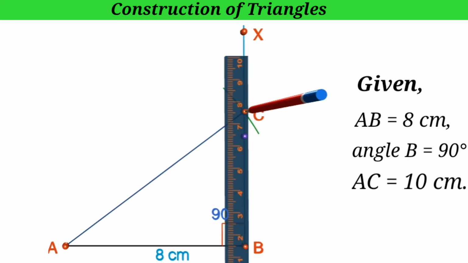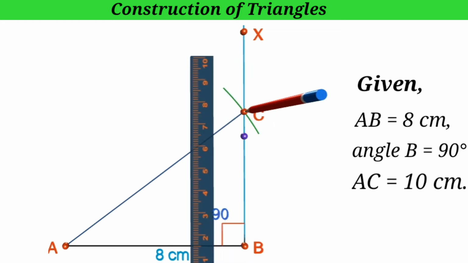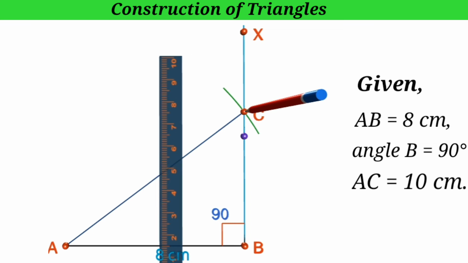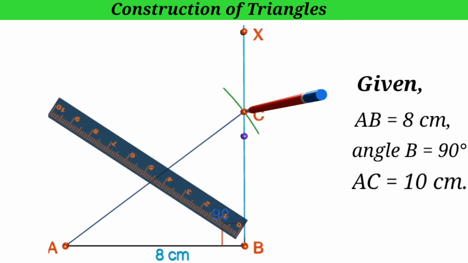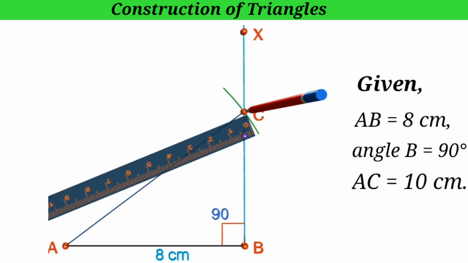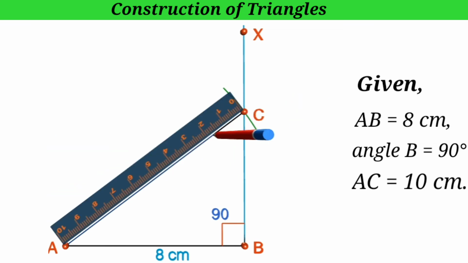These two sides AB and BC are the perpendicular sides of the right angle triangle, and the side AC is the longest side. It is known as the hypotenuse. So this is the hypotenuse. So now right angled triangle ABC is formed.